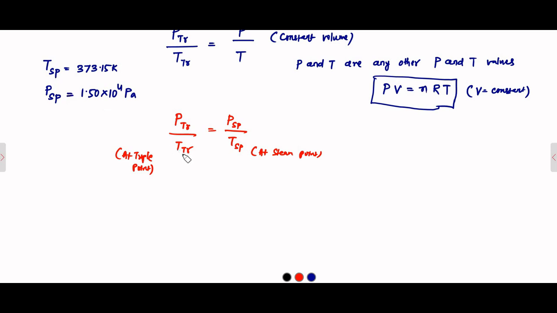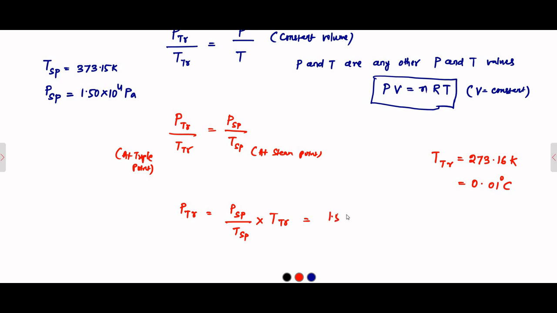The temperature at triple point, if you remember, is equal to 273.16 Kelvin, 0.01 degree Celsius. We have to calculate the pressure at triple point. So PTR is equal to PSP by TSP into TTR.